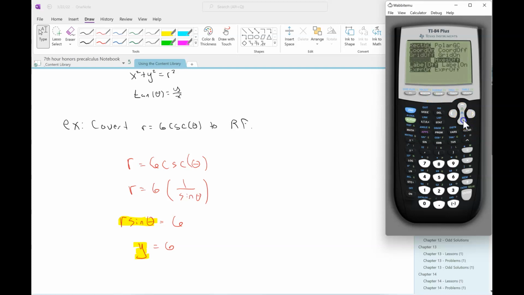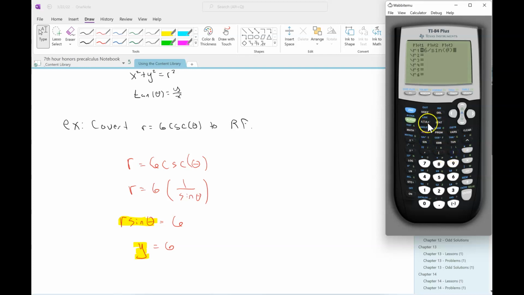So just to kind of show you how we might go about graphing this, I'm going to change into polar function mode. So I press the mode button and I'm going to highlight POL. And make sure I'm in radians. And then I'm just going to press the y equals. And we're going to do 6. And I don't have a cosecant button on my calculator, so I'll just do divide by cosine.